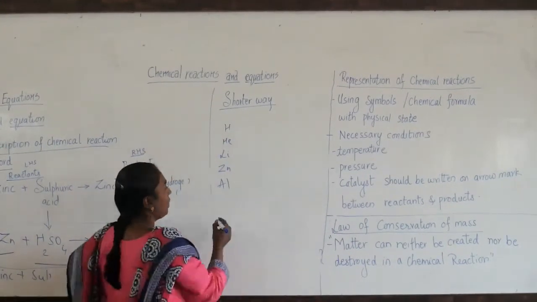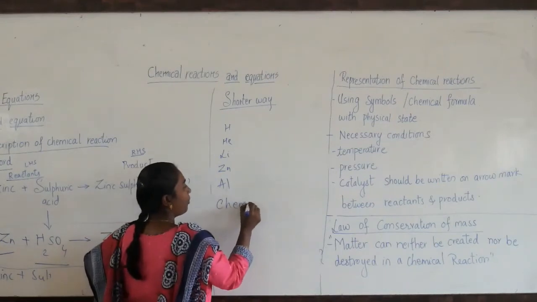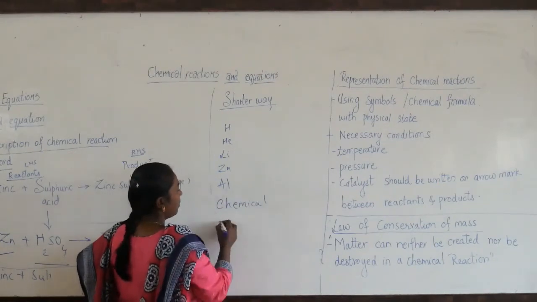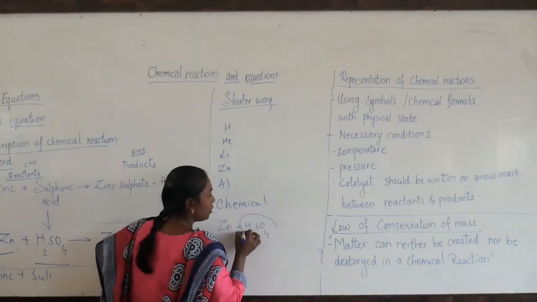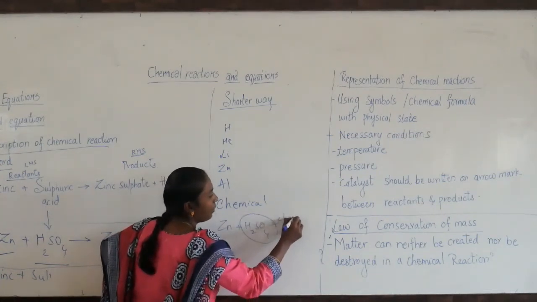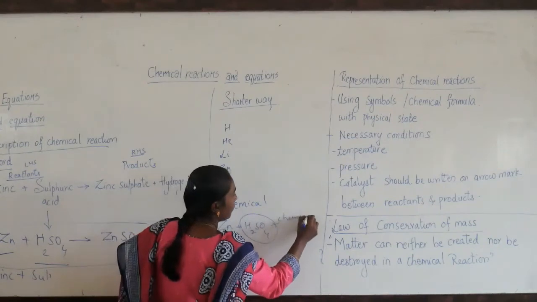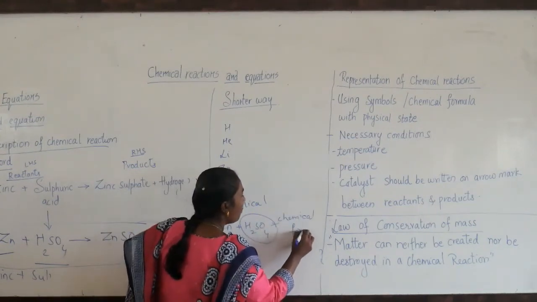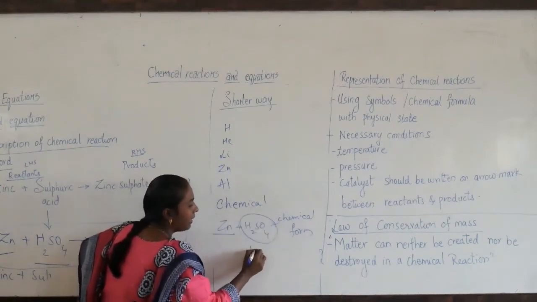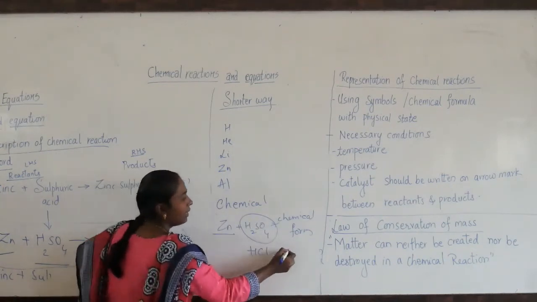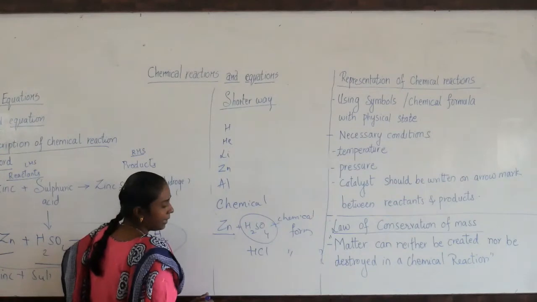Or chemical formula. What do you mean by chemical formula? Sometimes zinc will react with H2SO4. What does this H2SO4 represent? It is a chemical formula. This is an element, this is the chemical formula. HCl, hydrochloric acid, is also a chemical formula.